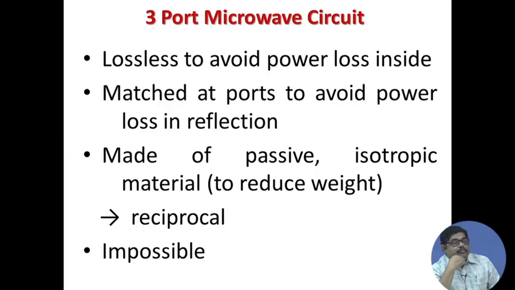That device is called a circulator, generally made of non-isotropic material called ferrite, but that is very bulky. That is why nowadays people are trying to find out how to make these with low weight, but in a 3-port this is one impossibility.